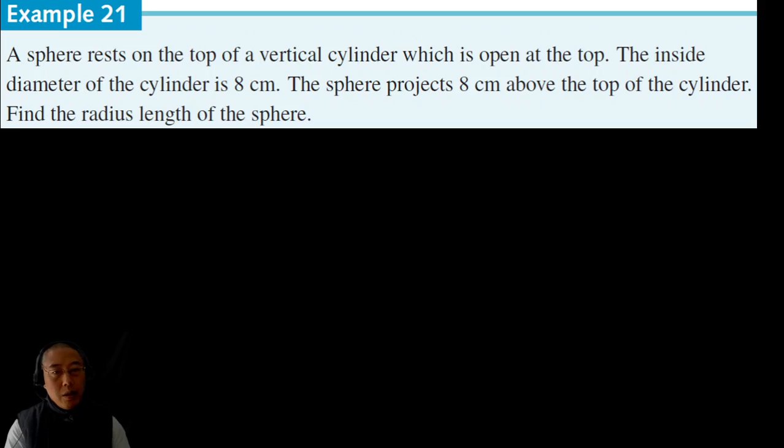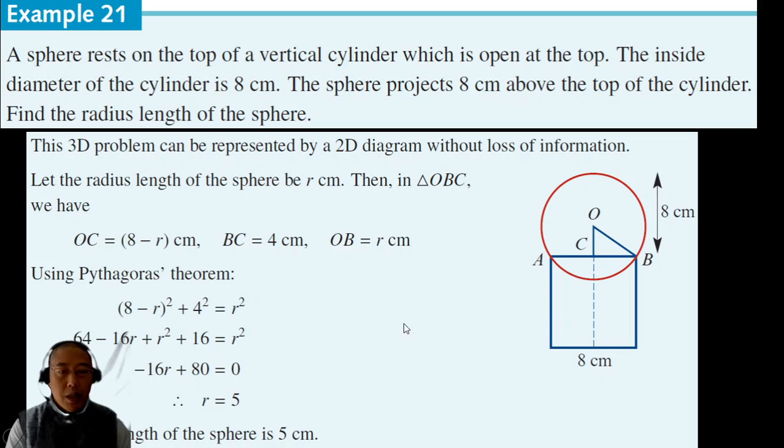So again, pause the video, come up with a diagram and annotate the dimensions. So here you have your diagram, which is a sphere on top of a cylinder. You also annotate a few extra dimensions in here. So we just simplify that as a two-dimensional diagram.